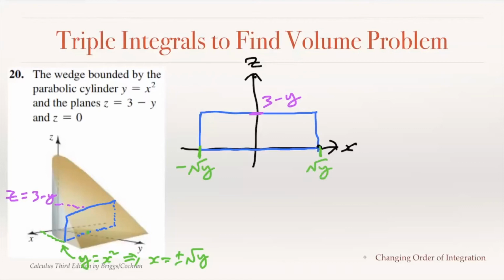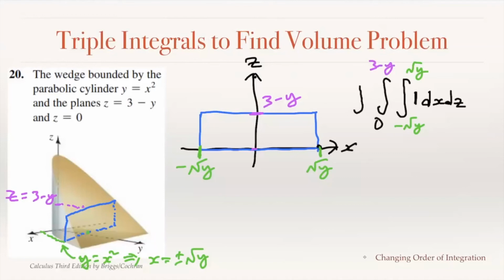Okay, so what does our integral here look like? Okay, we're finding the volume, so we put a 1 there. Okay, so we can say do it dx dz. Okay, so x goes from negative root y up to root y. Z goes from 0 up to 3 minus y.